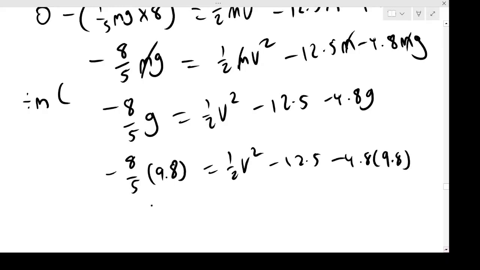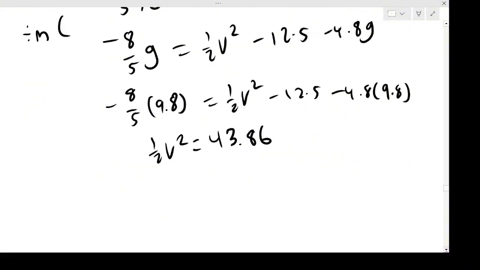Now if I simplify this, I get half v squared equals 43.86, I believe.